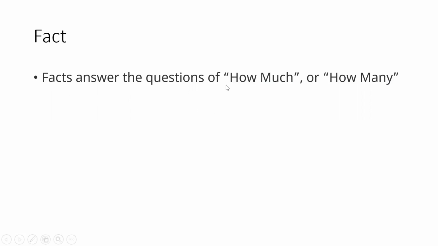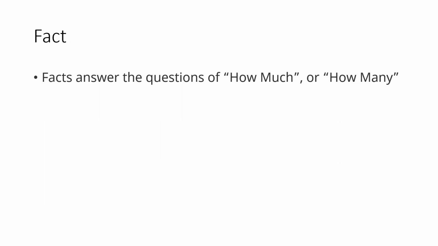Facts answer these questions: how much or how many? So basically, whatever tables we are storing in the data warehouse, in the database, can be a fact table or a dimension table. Okay. So now what is fact and what is dimension? Inside a fact table, what can be stored, and inside a dimension table, what can be stored? This is the concept I'll be providing now.